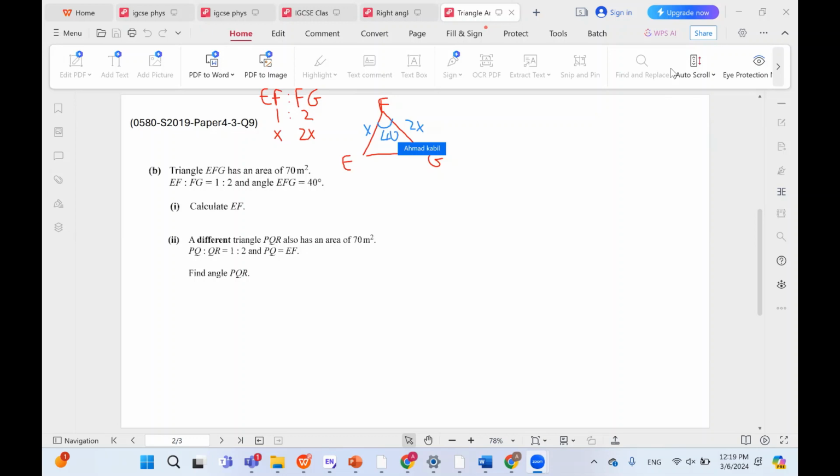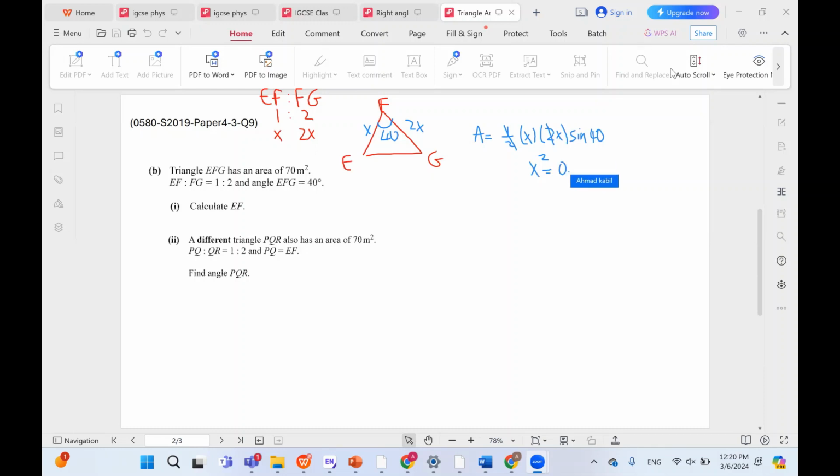So the area of the triangle would be half AB sine theta. So half times x times 2x times sine 40. And that is equal to the area. So we have half and 2, they cancel out. So we have x squared times sine 40. Sine 40 is equal to 0.64278.